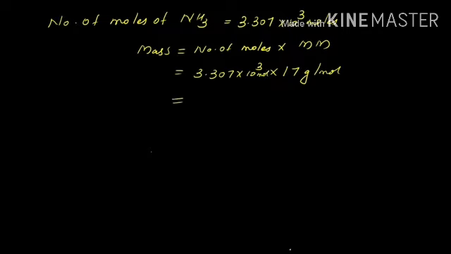When we do the multiplication, we get the mass of ammonia produced as 56.2 × 10^3 grams.